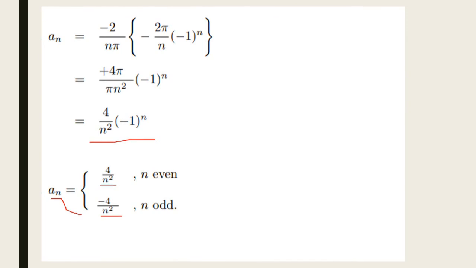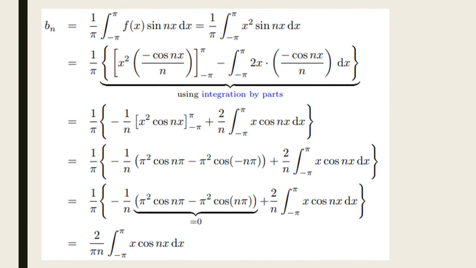So solving for b sub n, we have 1 over pi times the integral of x squared sine nx dx from negative pi to pi. We need to discuss even and odd functions here. If you integrate an odd function with the limits from negative L to L, from a negative value to its positive value, it becomes 0 because it just cancels out.